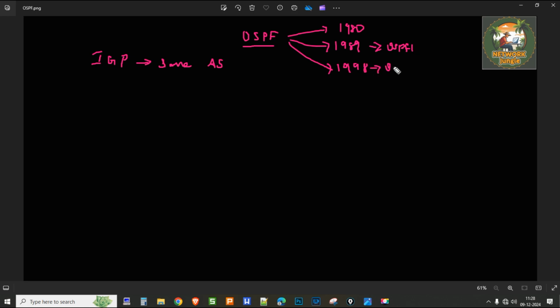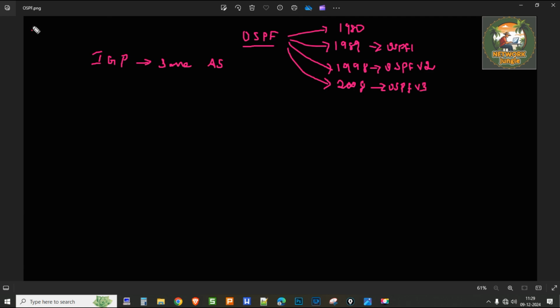It is mostly used for IPv4 protocols. Later, with the second generation of the Internet Protocol, in 2008, OSPF version 3 was introduced.